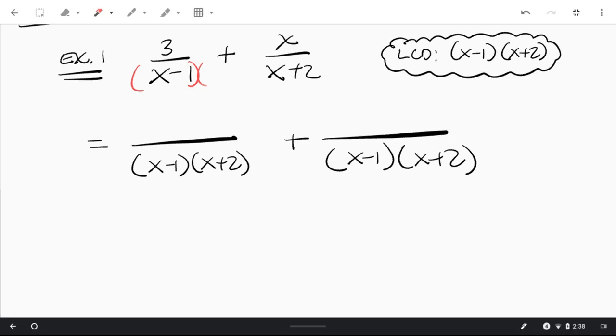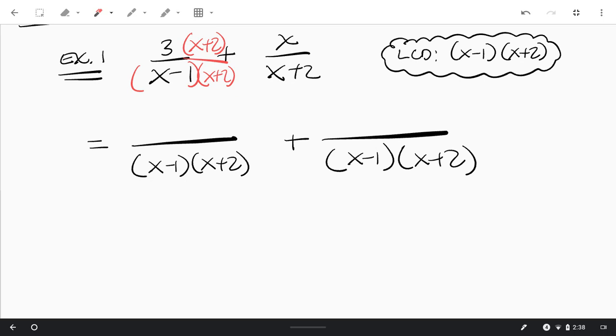But remember, we have to multiply by x plus 2 over x plus 2, or else we change the value. Okay? And now that denominator will look like our LCD. And that numerator will now look like this, 3 times x plus 2.